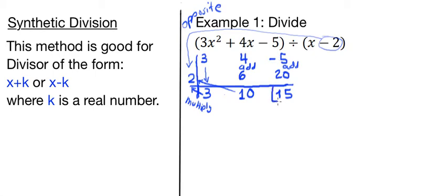Now separate this number from the rest. Turns out this number is going to be the remainder of the division, 15. These two numbers over here will determine the quotient. How?